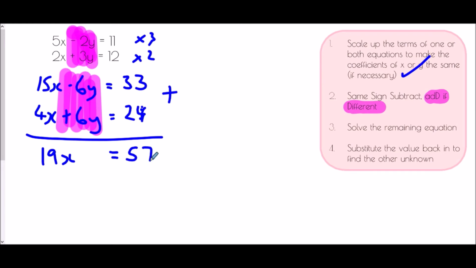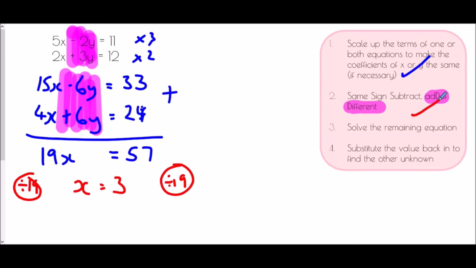So then we need to work out what x must be. So we're going to have to divide by 19. Now, it's not the nicest division to have to do, but if we look at the 19 times table, it'd be 19, 38 and 57, so x would equal 3.